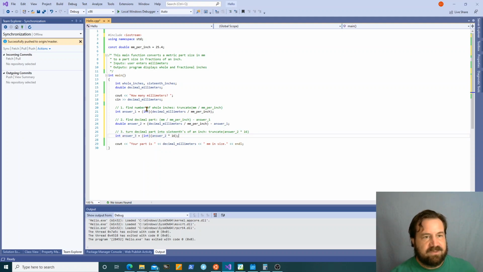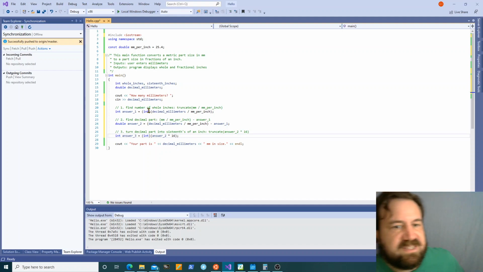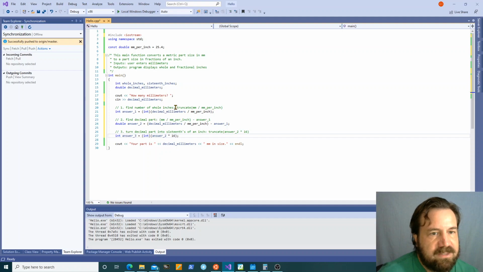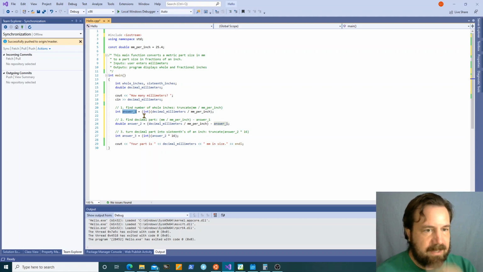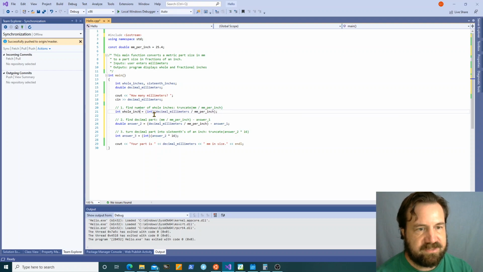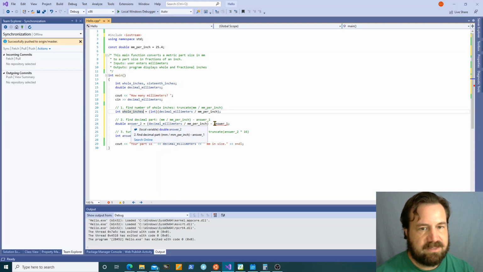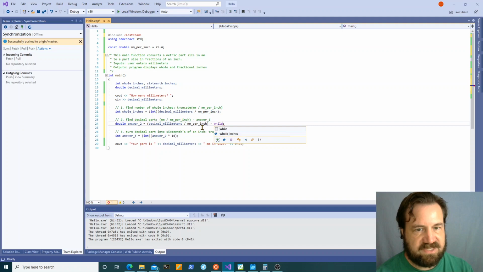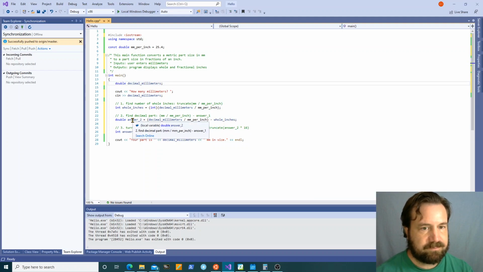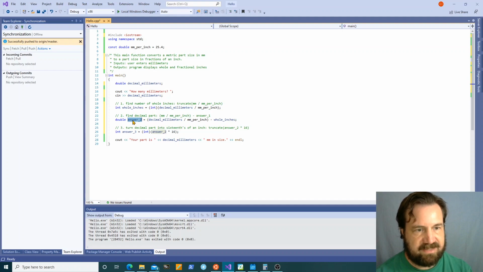Now again, these comments that I've just made are fantastic, but I could be more self-documenting if I said, well, what does this represent? Answer 1 is really whole inches. Okay. So this is going to be whole inches. This is going to be decimal part.